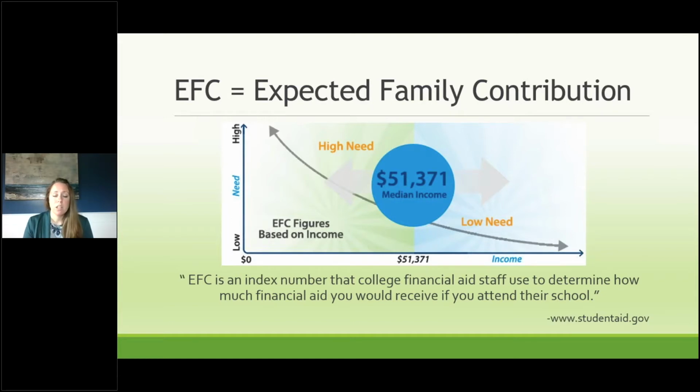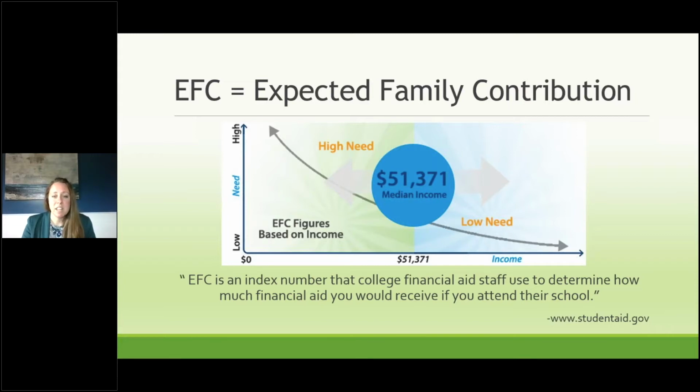As the student and family are entering a lot of information, such as their tax information, the student's tax information, spouse tax information, they're going to enter household information, how many individuals the parents are supporting, and a lot of other factors go in for the Department of Education to figure out this EFC.